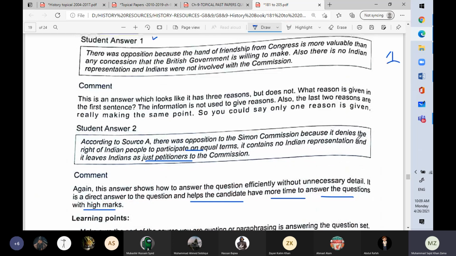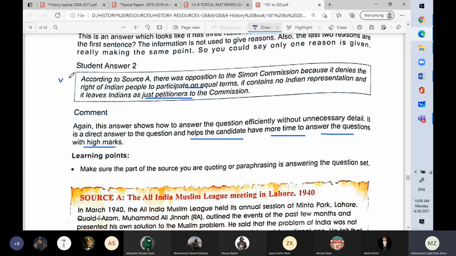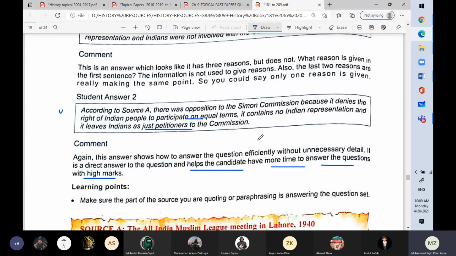So the point here, in question 2, as you can see, mostly straightforward or factual statements are given. Indians as petitioners, it denies the right of the Indians to participate on equal terms, no Indian representation, Indians just petitioners.